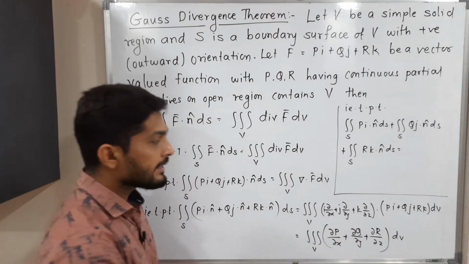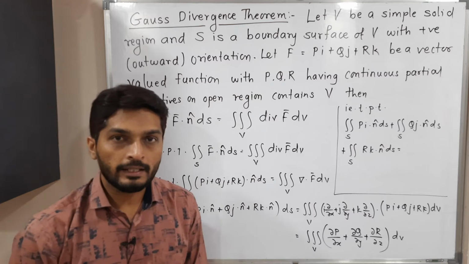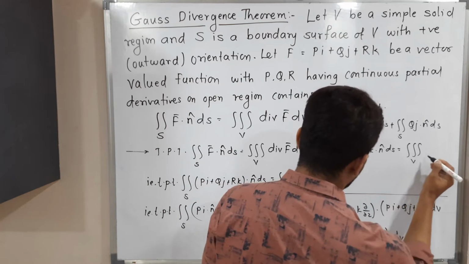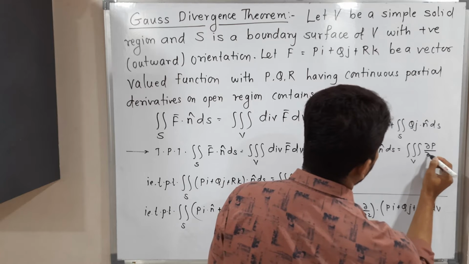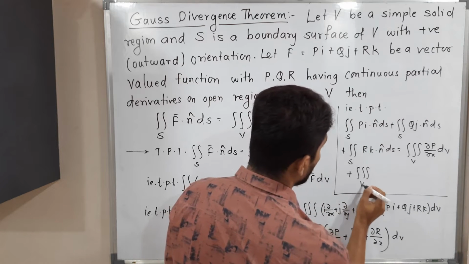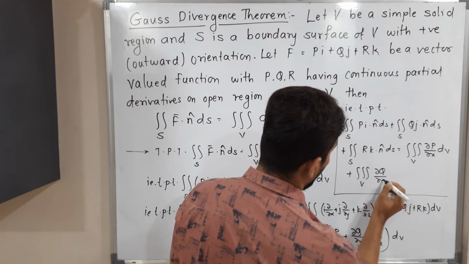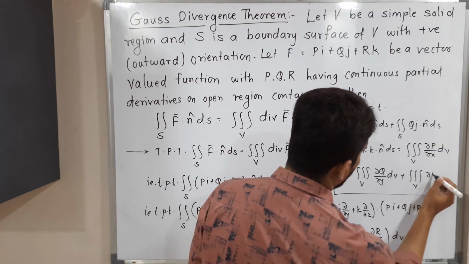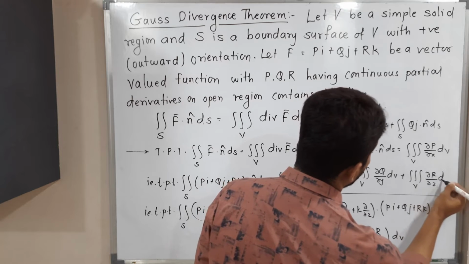Okay, so in the right hand side also addition is there, we can take separate triple integration. So triple integration over V of ∂P/∂x dV plus integration of ∂Q/∂y dV plus integration of ∂R/∂z dV.